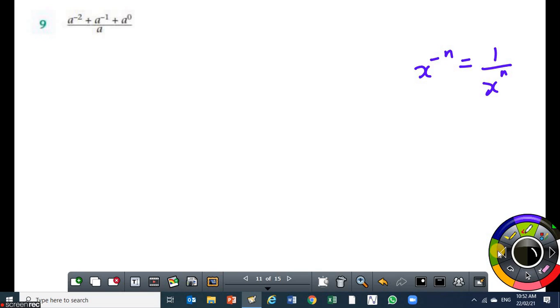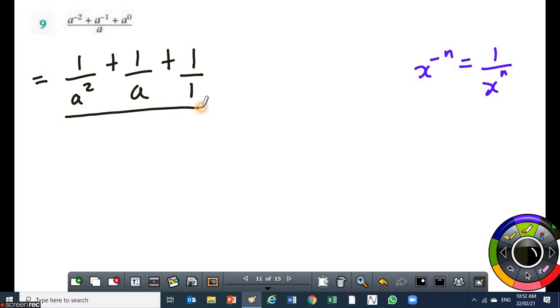That's the first thing that I'm going to do. Okay? So, my first step is like equals 1 over a squared. Okay? Plus 1 over a. Now, a to the power of 0 is 1, so I'm going to write that as 1 over 1. Alright? Are you following? Then all over a.